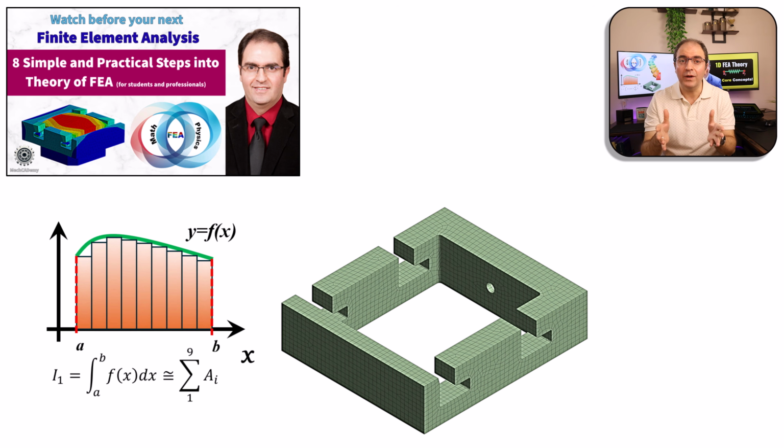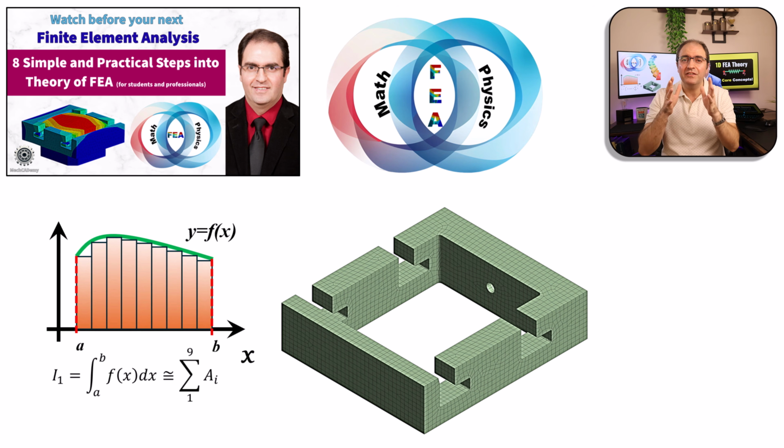Another important point is that FEA lives at the intersection of mathematics and physics. You cannot rely on one without the other. Math provides the framework, the tools, and the language, while physics defines the problem, the governing equations, and the boundary conditions. Effective analysis demands fluency in both.